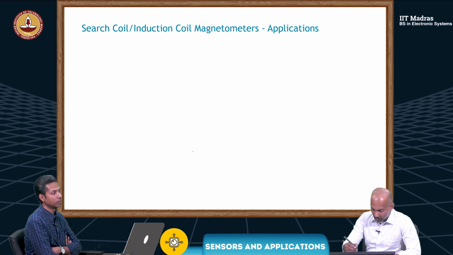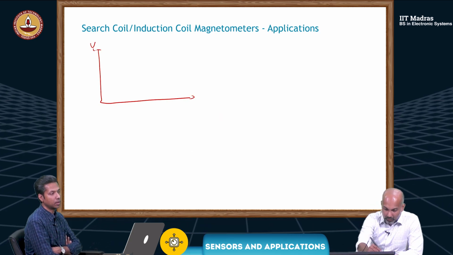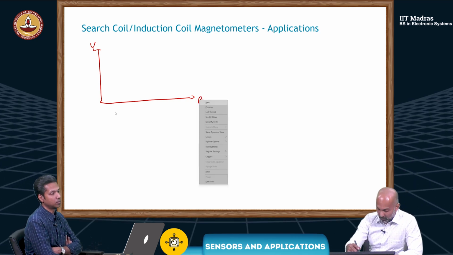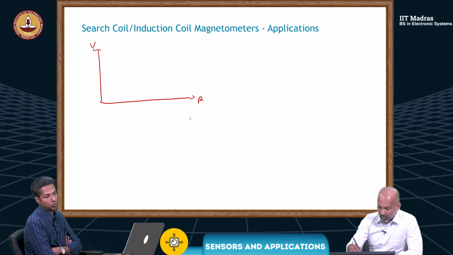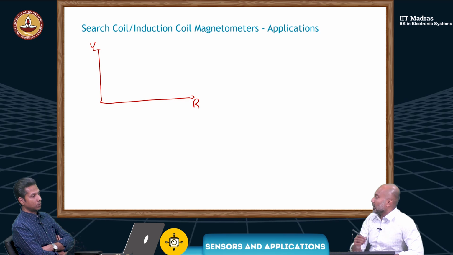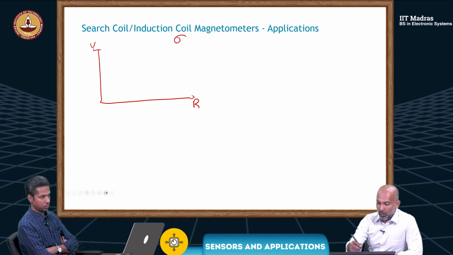Now if you draw, again, this is VL and this is R. Let's say we are looking at different materials, okay, of varying conductivity.